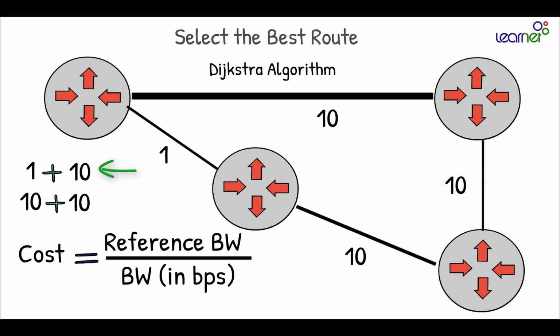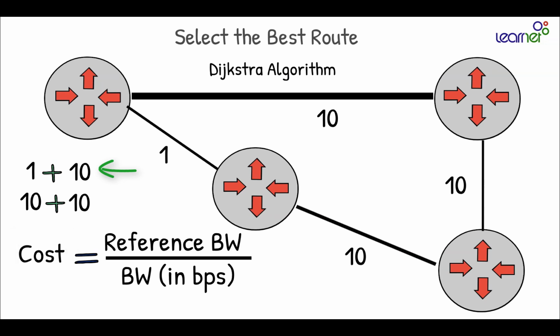Actually, you can change all of these individual items in the formula. First of all, you can manually set the cost of each interface. And in that case, OSPF will not do the calculation and will use the cost that you configured on the interface.